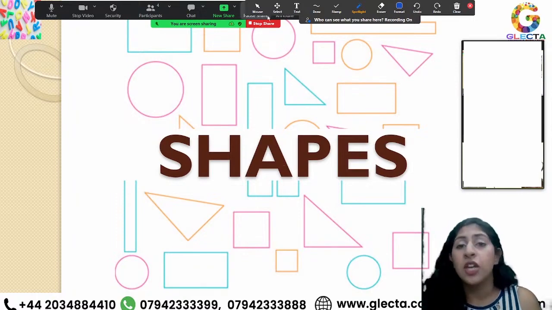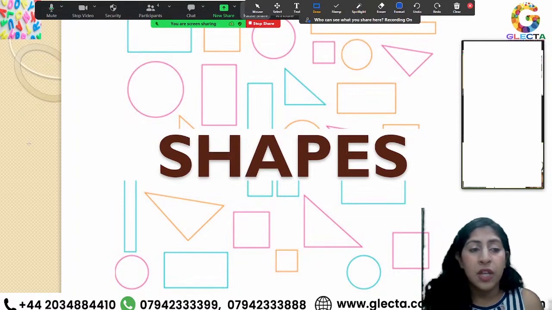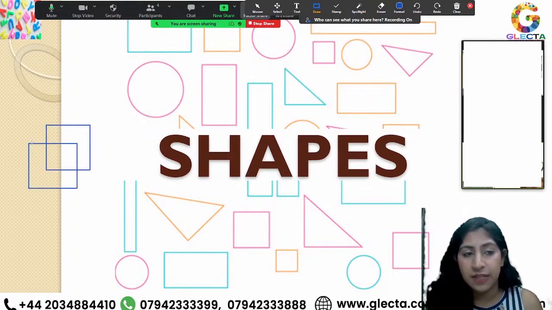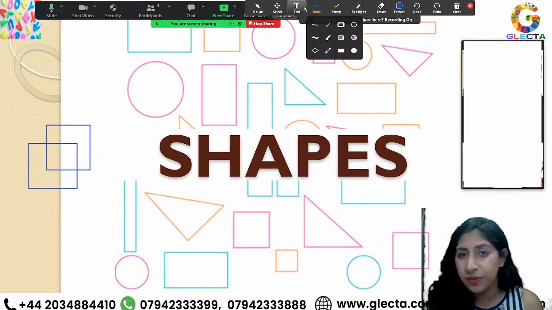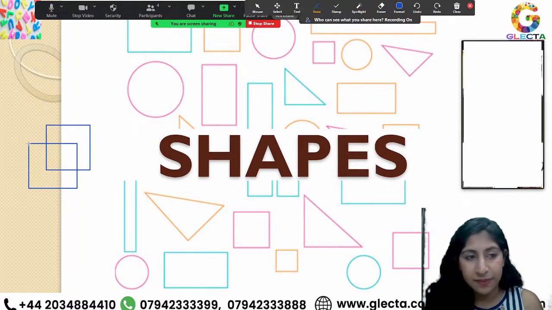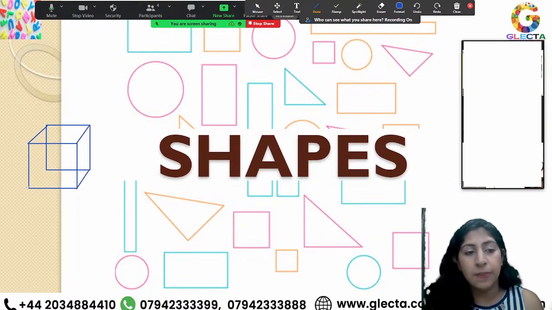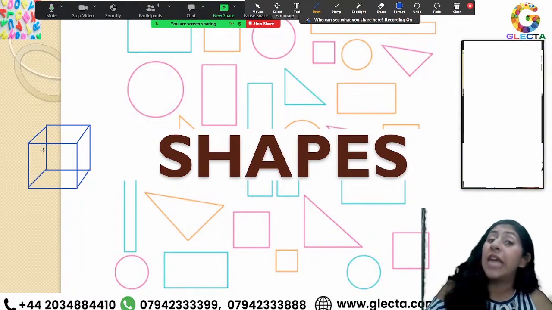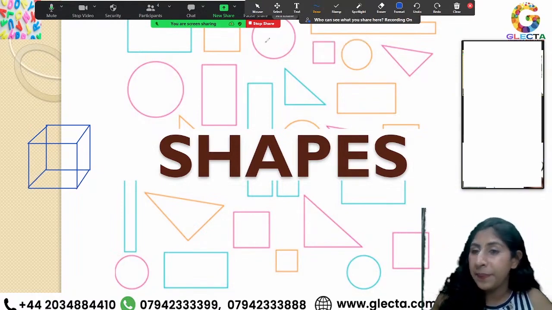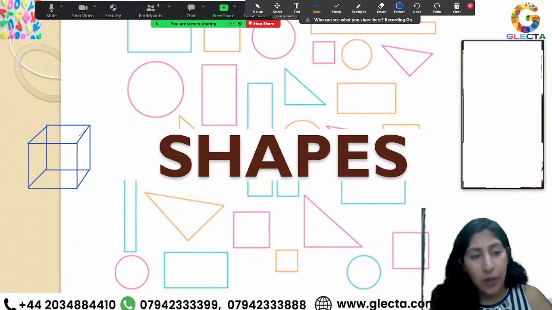Correct, correct. So if I talk about a cube, you can say that a cube has 6 squares in it. Yes, can we say that? Yes or no? Yes, we can. And if I ask about the number of edges in a cube, so Abdul, you tell me how many edges do we have in a cube? 12.